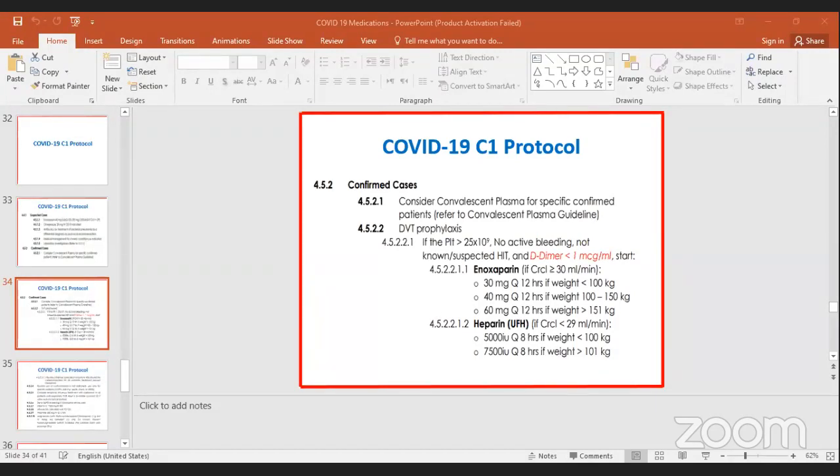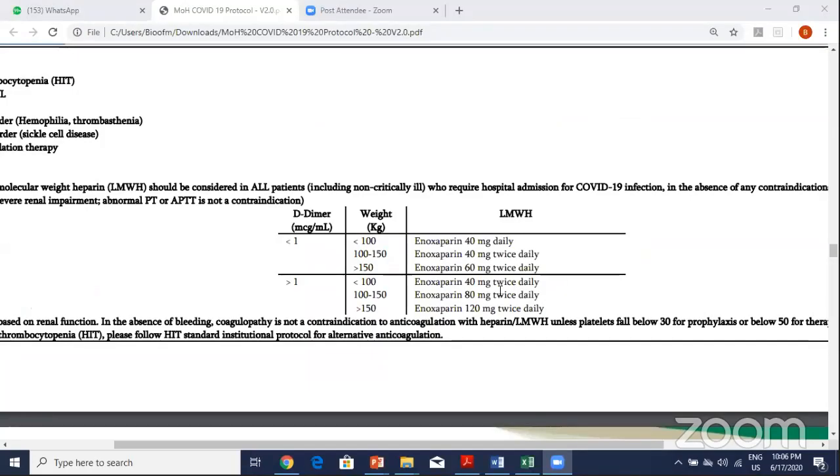We have this one the same as our cluster 1 protocol, so you can find the same, but here I think you can see immediately. Now, regarding the D-dimer, we will check the D-dimer.